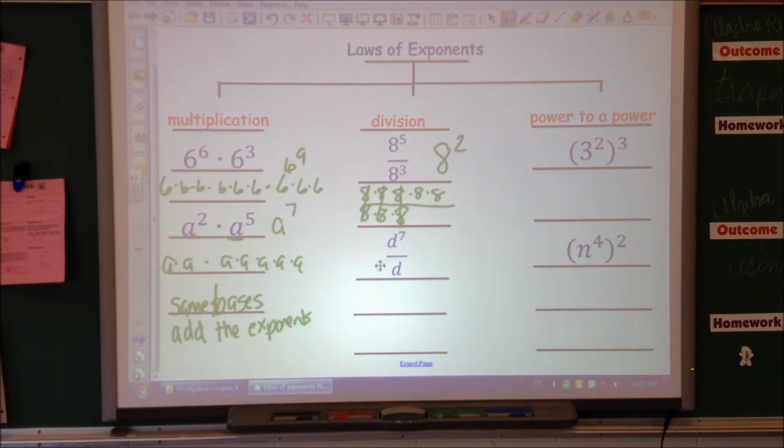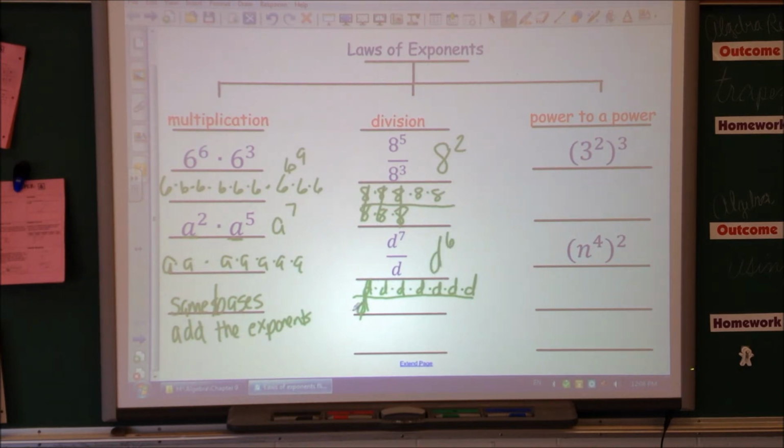For this one, d to the 7th over d, that would be 7 d's, all divided by, remember, this does not mean 0, this means d to the 1. I'm going to line him up over here. So d divided by d gives me 1, and I'm left with d to the 6th.